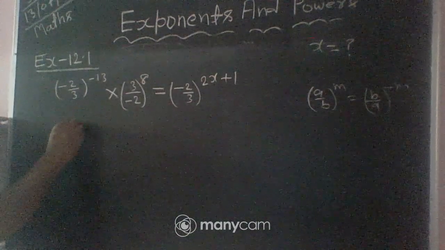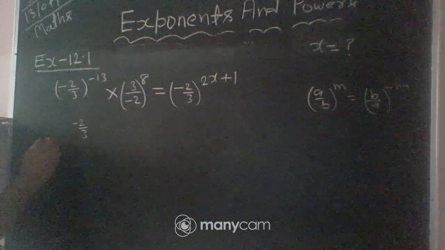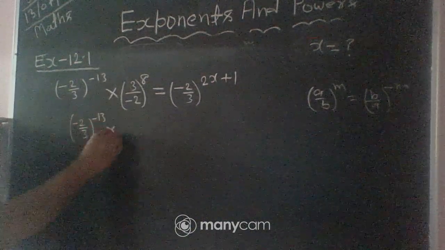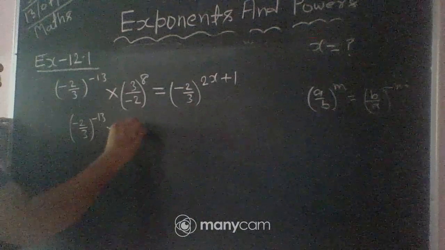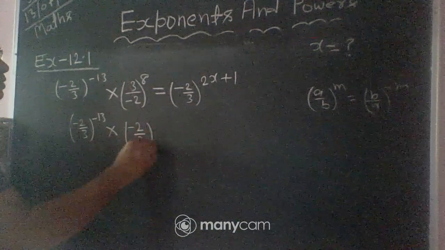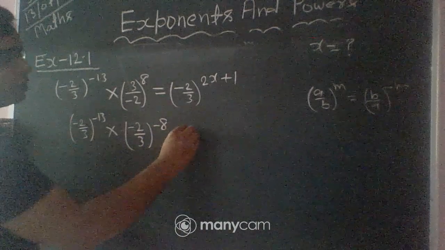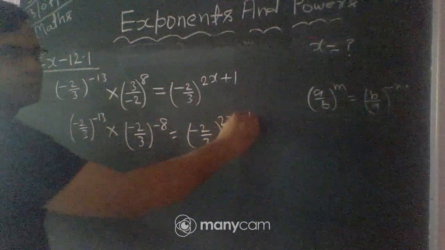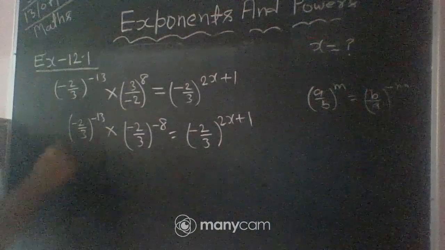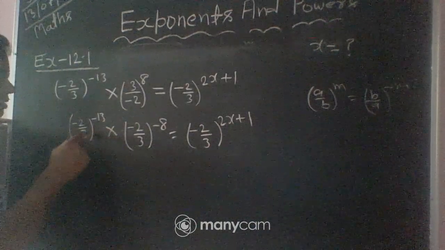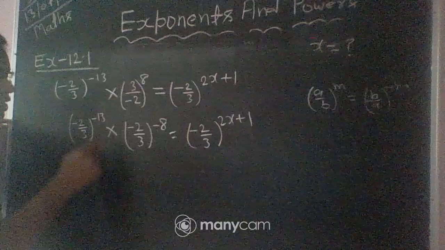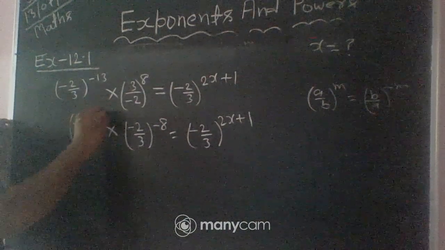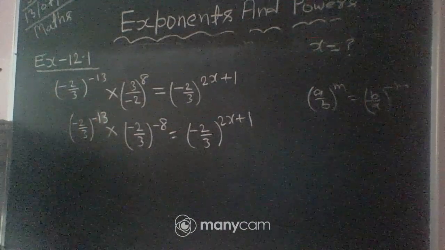So we write minus 2 by 3 power minus 13 as it is, and we change the other one. We can write it as minus 2 by 3 power minus 8. This is equal to minus 2 by 3 power 2x plus 1. Clear? So the bases are the same, minus 2 by 3 and minus 2 by 3, and the powers are minus 13 and minus 8.